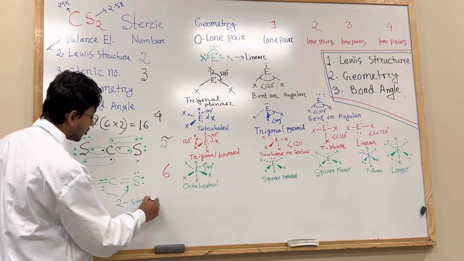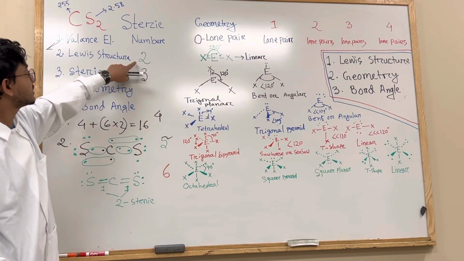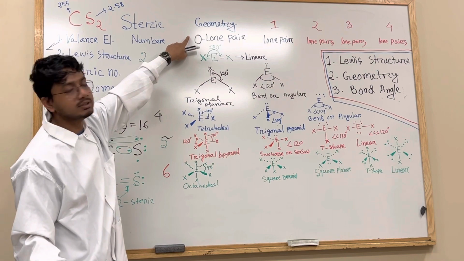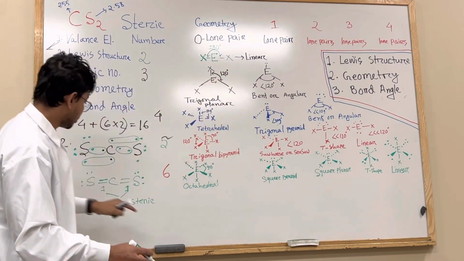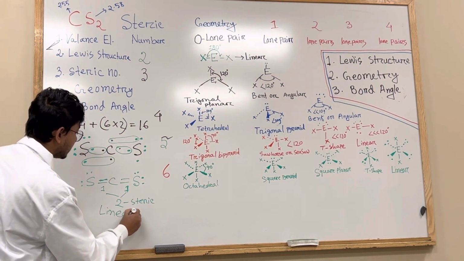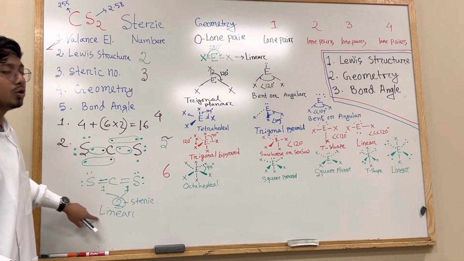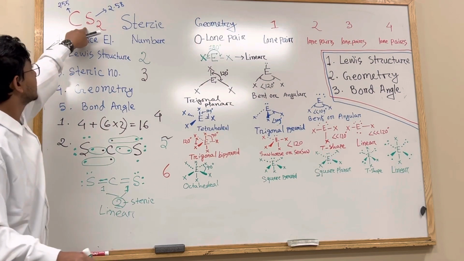When we get the steric number, then we can go to the table. You can see steric number 2 here, and its geometry with 0 lone pairs is linear. So what we got here is a linear structure, because it has a steric number of 2 and there is no lone pair. We will get a linear structure for CS2.